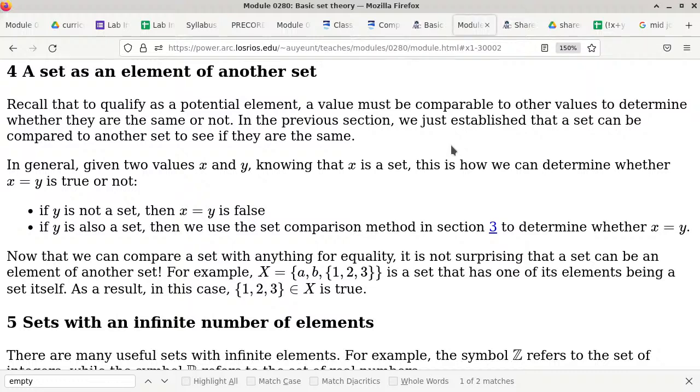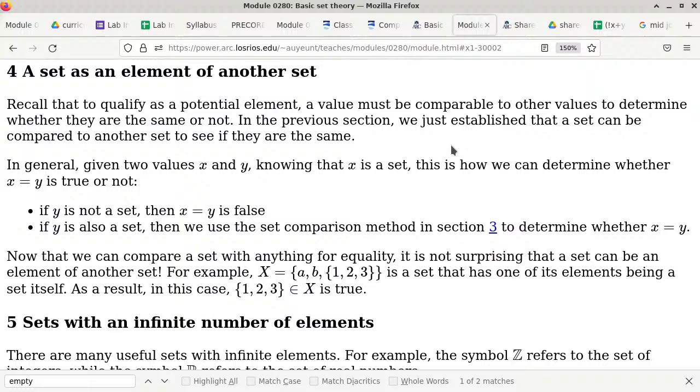Type mismatch, compiler error. If y is also a set, then we use the set comparison method in section 3 to determine whether x equals y, so it goes back to the previous section. In other words, we ask, is everything in set x also in set y, and is everything in set y also in set x? Is that okay?